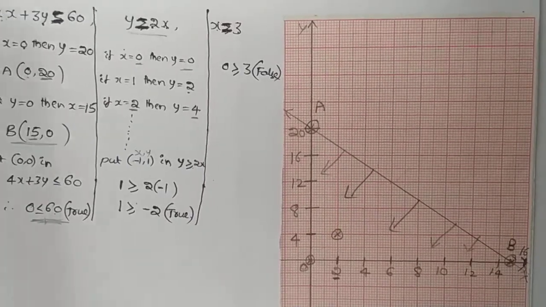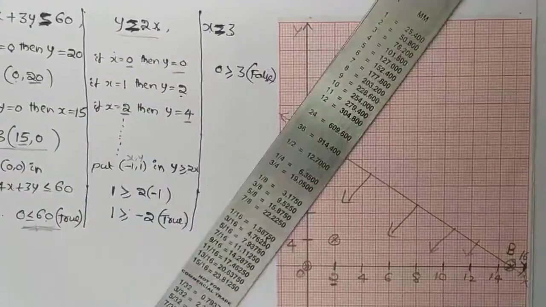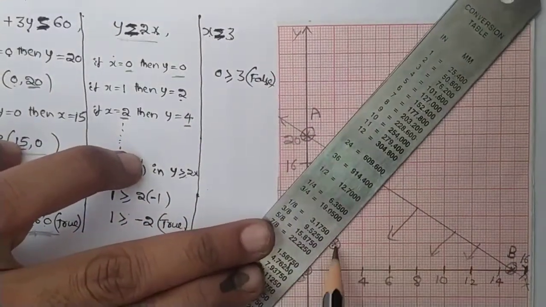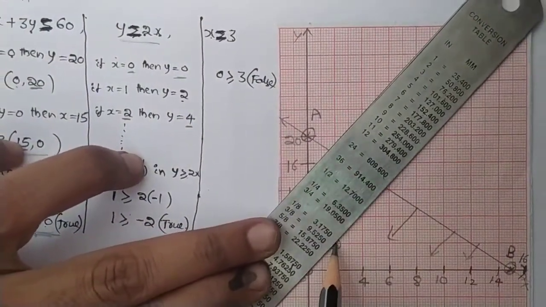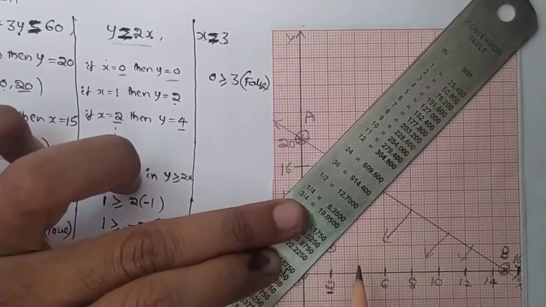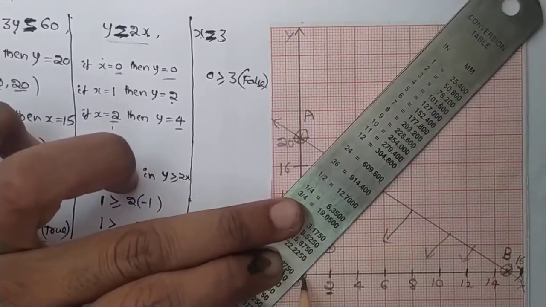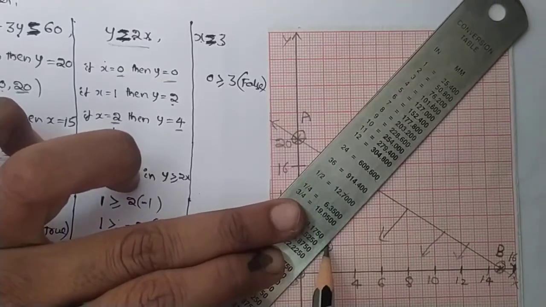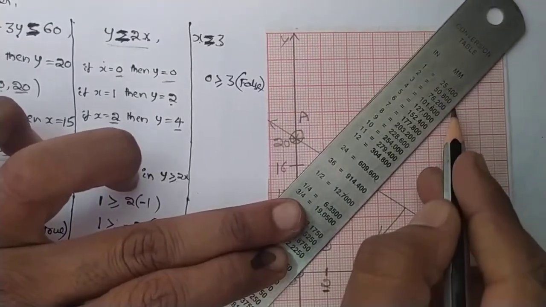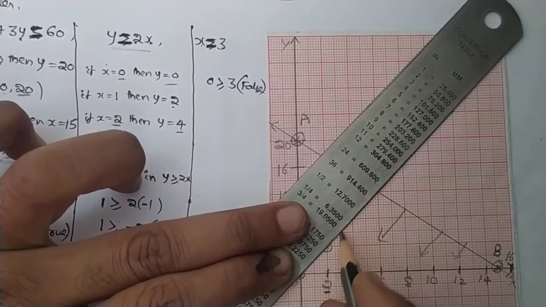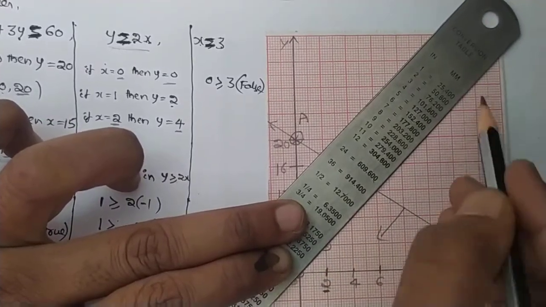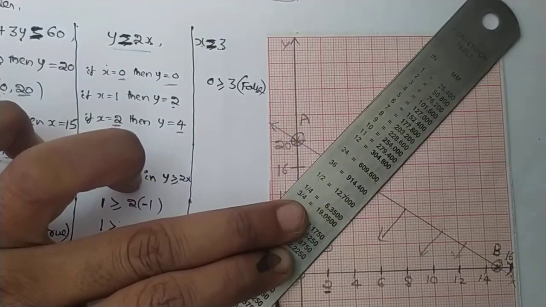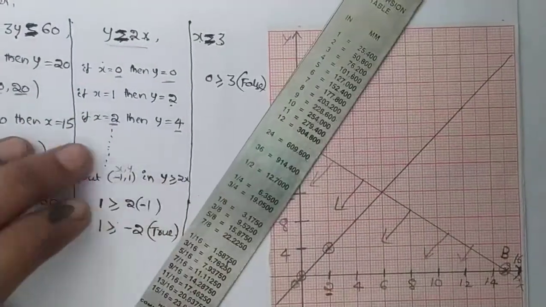You just take a scale and join these 2 points exactly and accurately. Then both the points will be joined accurately.